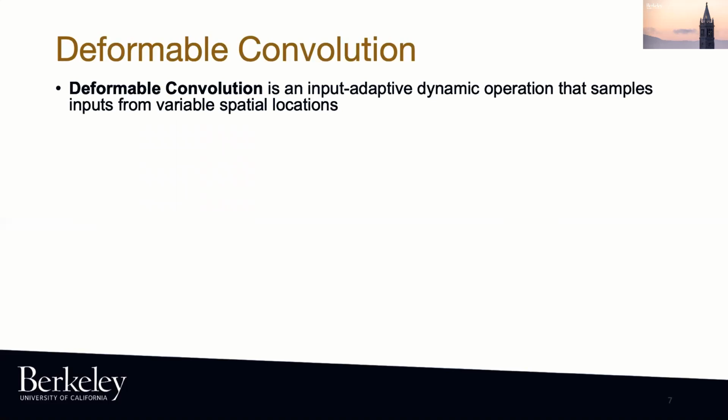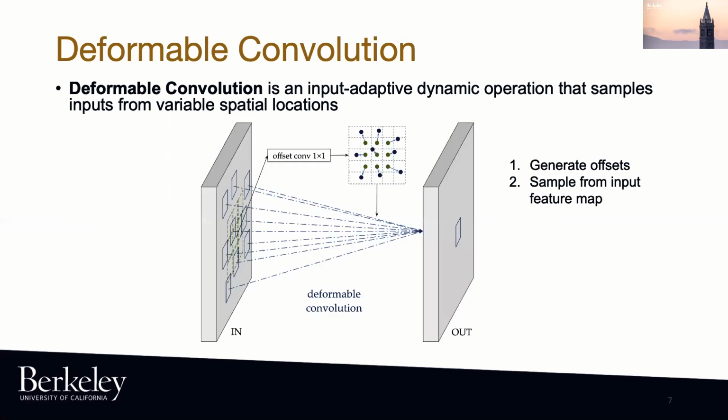Deformable convolution is an input adaptive dynamic operation that samples inputs from variable spatial locations. This operation first generates the sampling offsets from the input feature maps, and then uses these offsets to sample data again from the same input feature map.